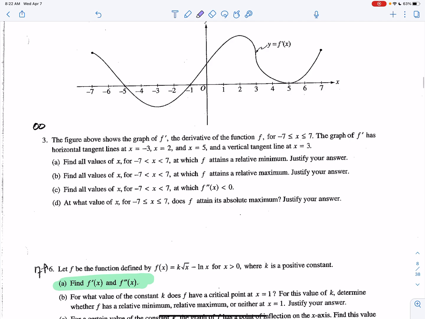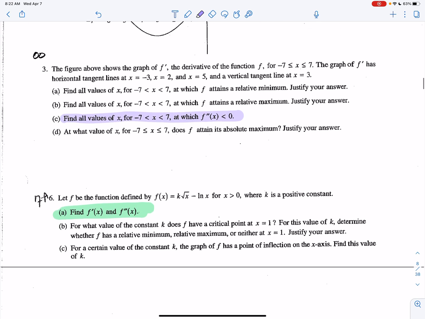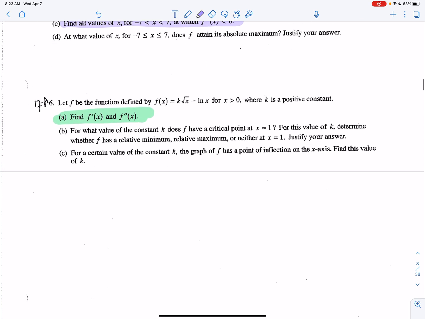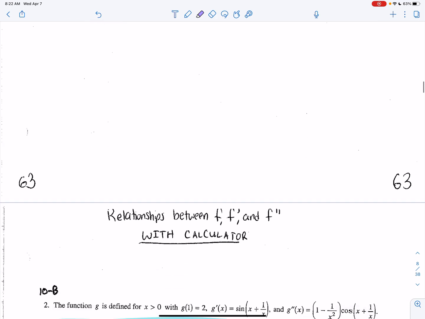It's written a little bit differently, but if you guys remember, when a function is concave down, the second derivative is negative, which is really what they're talking about right there. But don't worry, we'll review. Something in regards to a point of inflection in part C here in 2007.